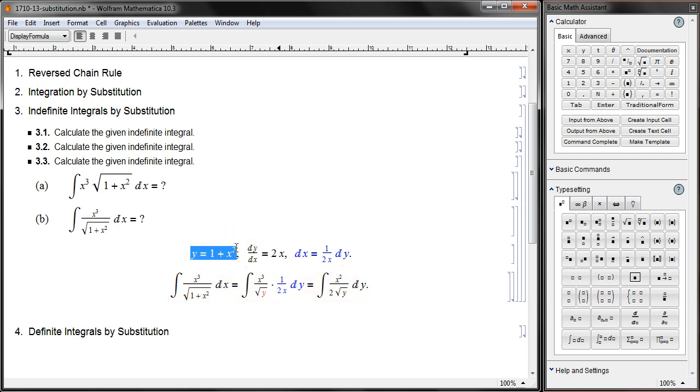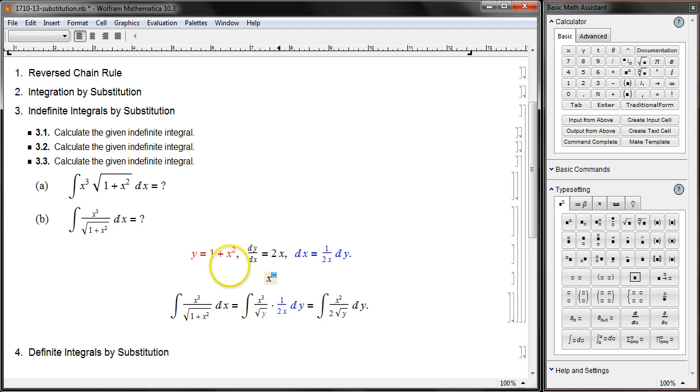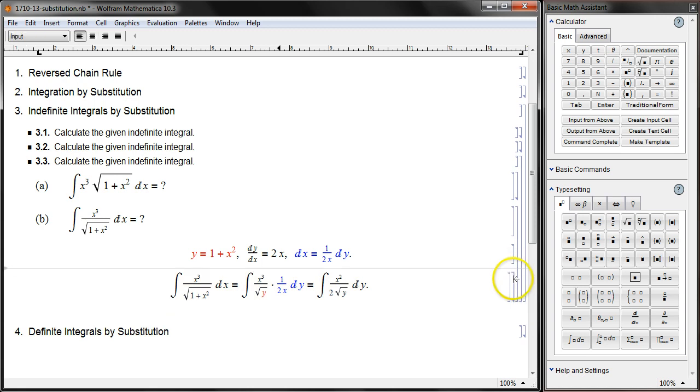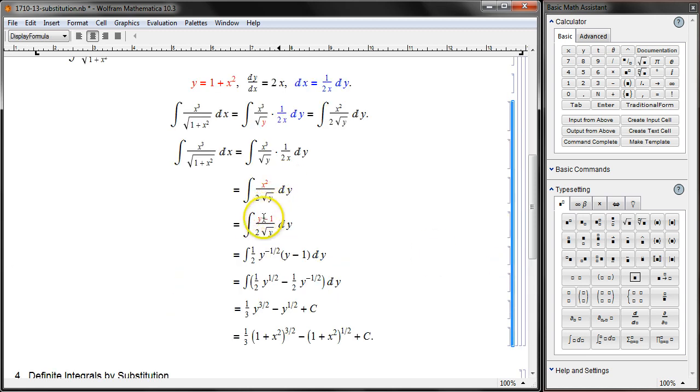From here, y equals 1 plus x squared, we solved for x squared and got x squared equals y minus 1. We got this one right from here, and that's going to come here, and the resulting integral will be a y integral. Here we go. We get y minus 1 over 2 square root of y. And how do we handle this anti-differentiation?